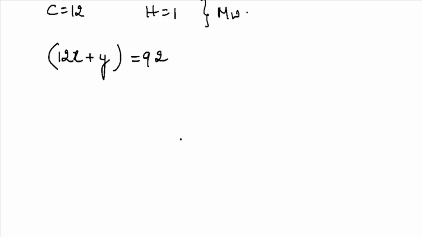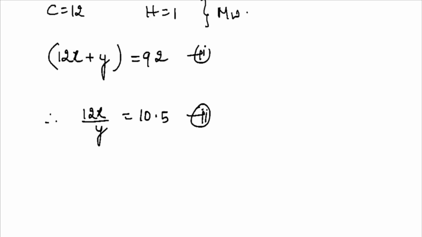Moving ahead, according to the question, the hydrocarbon contains 10.5 gram of carbon per gram of hydrogen. Therefore we can write 12x divided by y equals 10.5, right? We have two equations here, the first one and the second one.